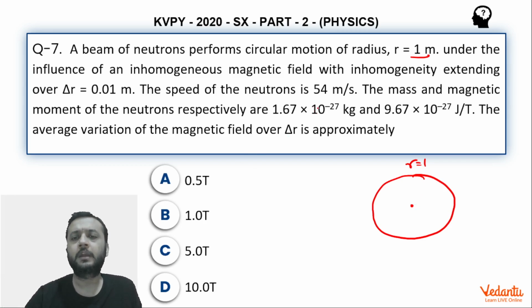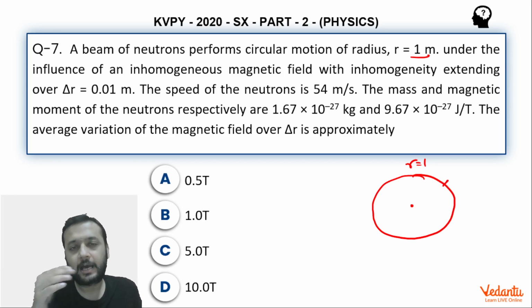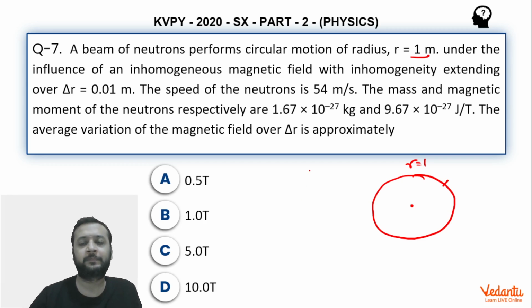We have to find that average variation only, the average change in the magnetic field over the variation dr. That means how much the magnetic field would have changed if we move by a distance dr when the value of r was 1. When r becomes r plus dr, there will be a change in the magnetic field, say dB. So we have to find the value of that delta B.